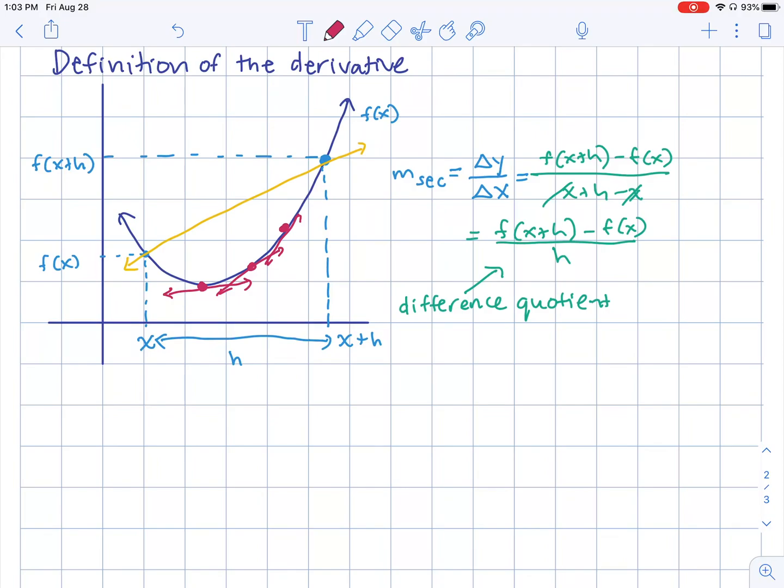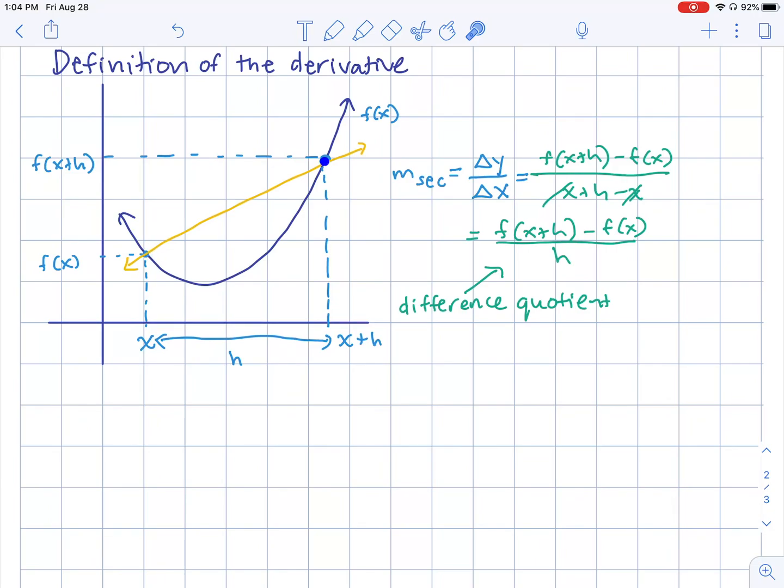What if I take the point, and let me erase these red tangent lines, what if I take the point that is on the right and I slowly move that point so that the secant line that is formed becomes closer and closer to this point right here.